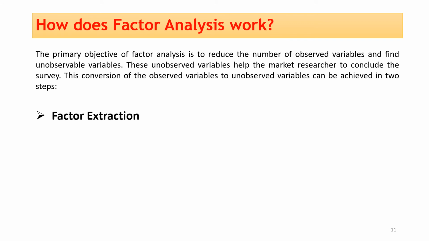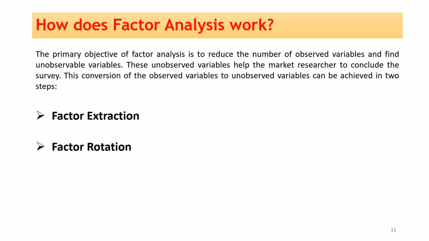The first one is the factor extraction. In this step, the number of factors and the approach for extraction are selected using variance partitioning methods such as principal component analysis and common factor analysis. And the second one is the factor rotation.